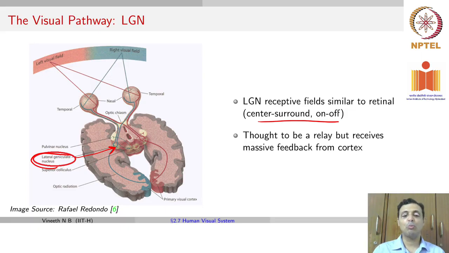So you have combinations of both kinds of cells which together lead to perception the way we see things. Originally, the LGN, or the lateral geniculate nucleus, was considered to be more a relay system that takes the input from the retina and passes it to the visual cortex, but it's now understood to receive a lot of feedback from various parts of the brain, which also come back into the LGN to make it get a more holistic picture of the scene.